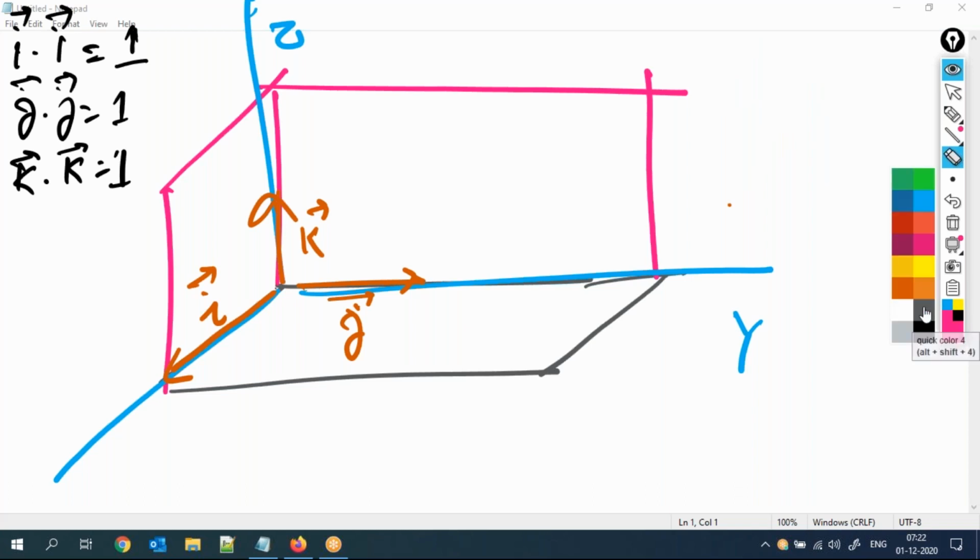Please pay attention to this. What we are talking about is i cross j. So let us look here. Are you people paying attention? Yes, sir.